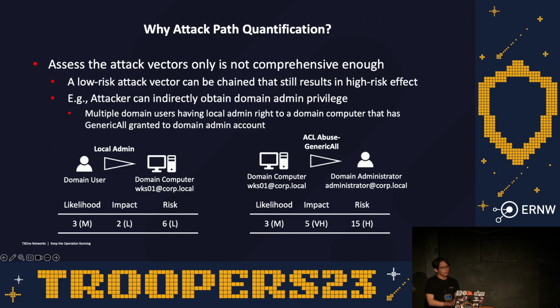In this attack path, multiple domain users could be compromised by the attacker, who leverages the local admin that compromised the domain computer workstation 01 and leverages it further for the ACL abuse. So eventually the attacker obtains the domain admin privilege by compromising the domain administrator account. Okay, so this is basically why we need the risk quantification for the attack path.